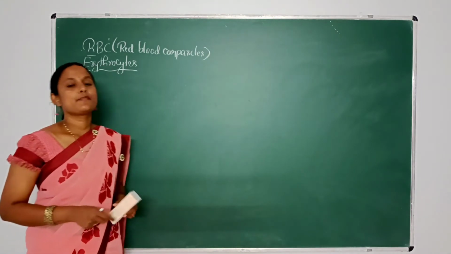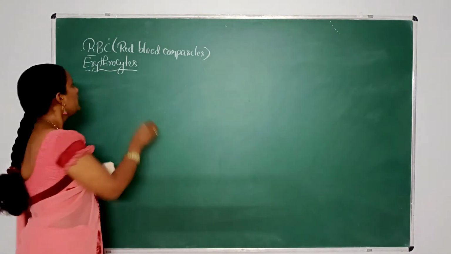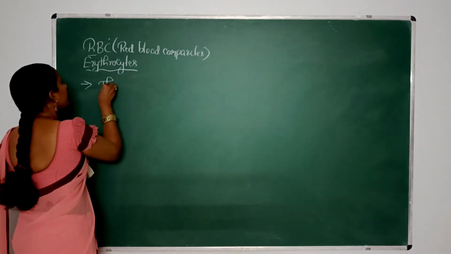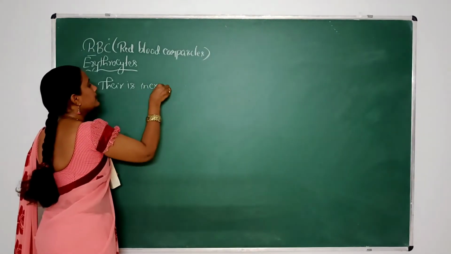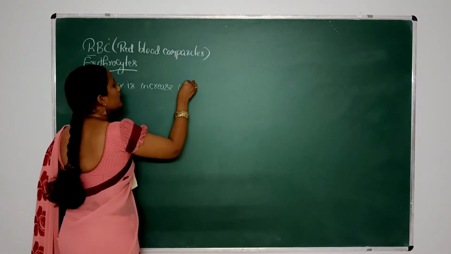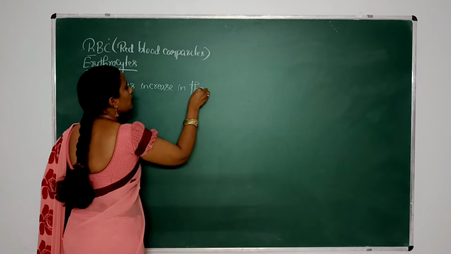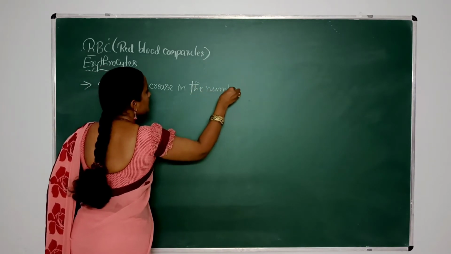During exercise and heavy work, there is an increase in the production, or the number, of RBCs.